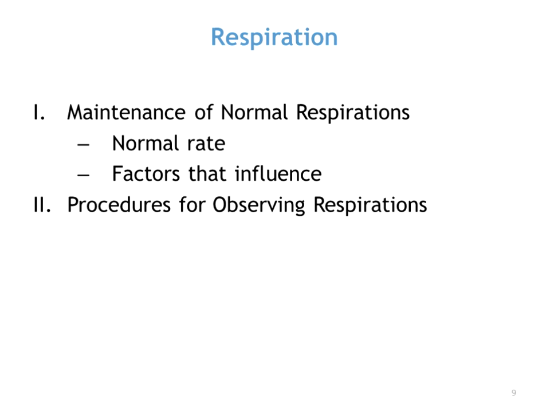So for normal respirations, the adult range is anywhere from 12 to 20 per minute, slightly higher in women. For children, the respiration rate decreases slightly during childhood. Some of the factors that can influence respiration rate are the same factors that can influence pulse rate.